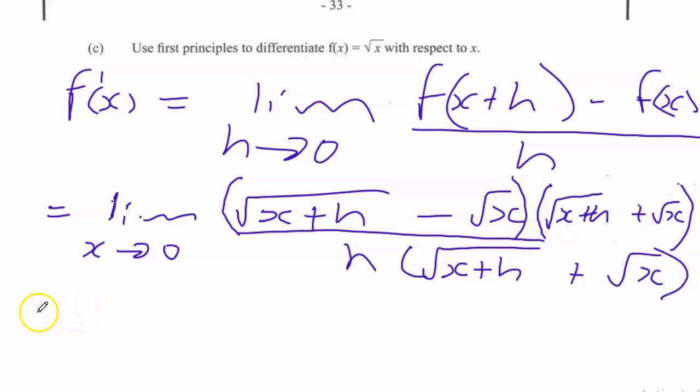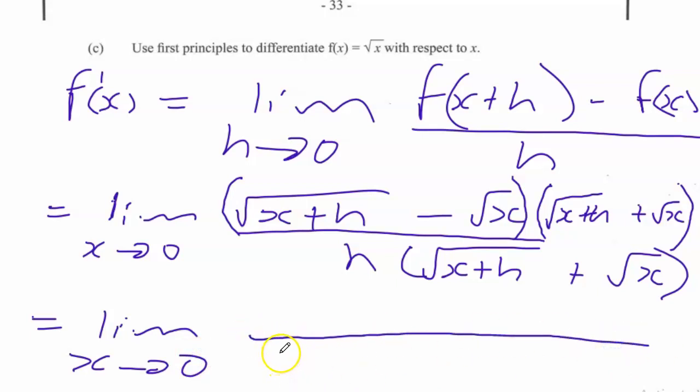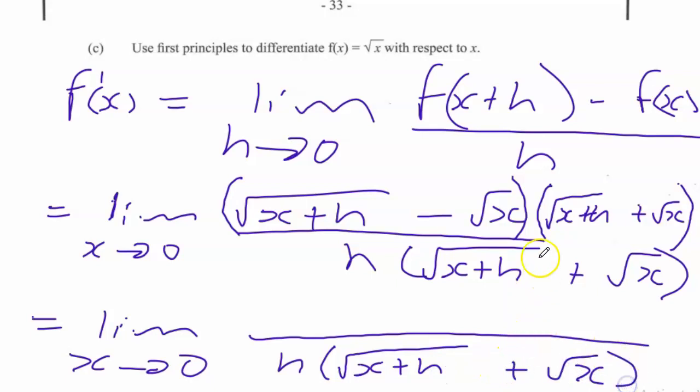The denominator will not change, actually, it's h times root x plus h plus root x. Now we're multiplying the numerator by its conjugate, so we can just take the square of each term. So root x plus h times root x plus h is just x plus h, and the final term, root x times root x, is just minus x. Of course, when I do the expansion, the middle term will cancel.